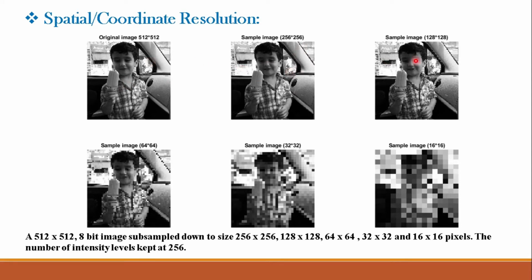But as you go further down to half of 256, that is 128 cross 128 pixels, you will observe that checkerboard pattern distortion starts coming into the picture. As you go further down, you will see that the picture starts pixelating. Here we have downsampled the image from 512 pixels down to 16 pixels, but of course we have kept the intensity levels at 256.